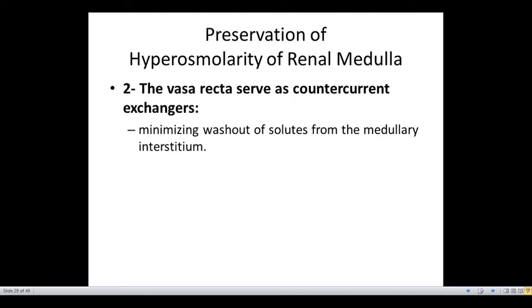Second feature is that the vasa recta serve as countercurrent exchanges, minimizing washout of solutes from the medullary interstitium.